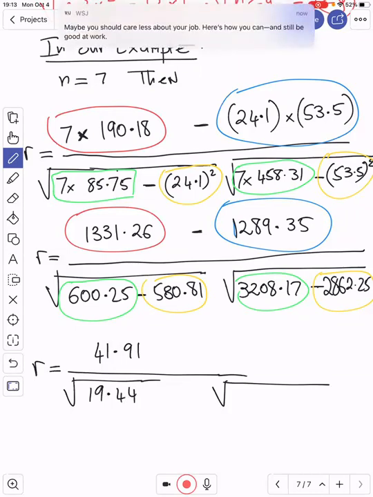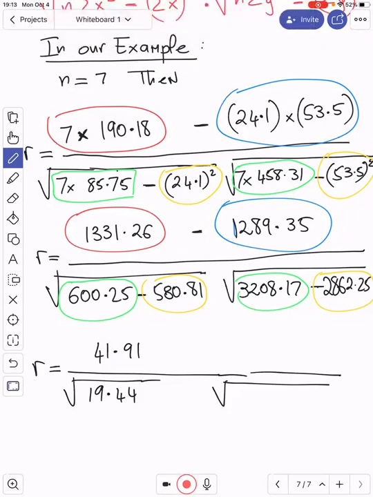On the other hand, you have this 3,208.17 minus the 2,862.25. That will be equal to 345.92.